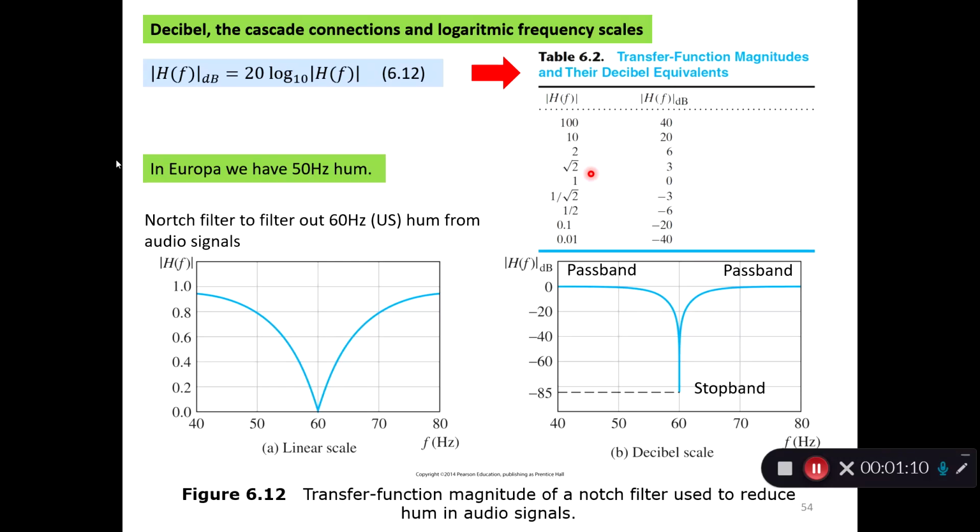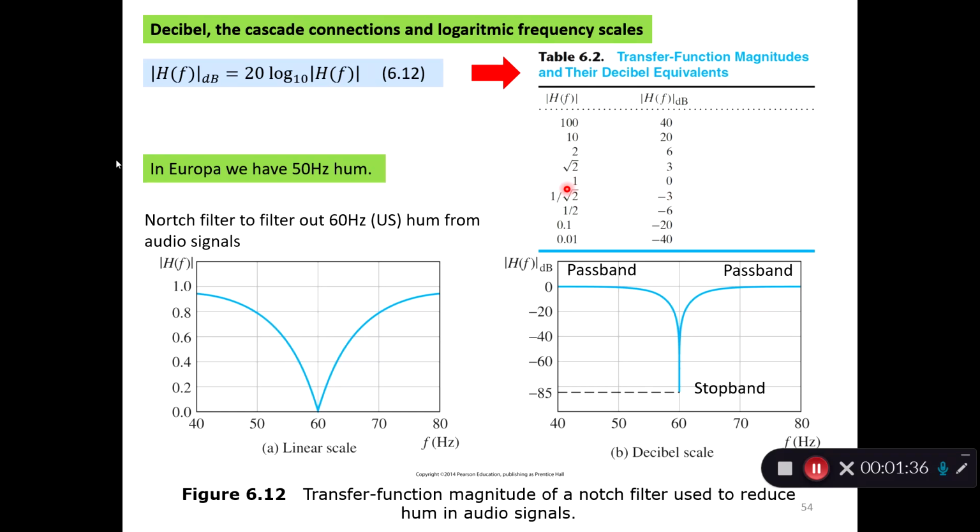If we look carefully, we can see that 2 equals 6 dB, square root of 2 equals 3 dB, and if voltage over voltage, so Vout over Vin, is 1, then we have 0 dB. If we have 1 over square root of 2, we have minus 3 dB.